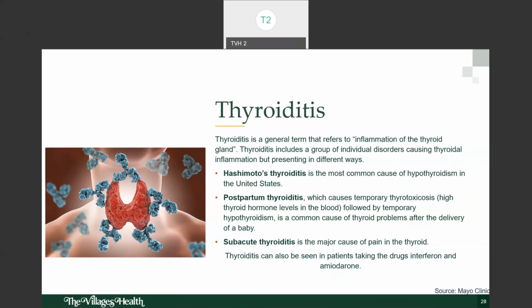The second one here is postpartum thyroiditis, which causes temporary high levels of the hormone in your blood, followed by temporary hypo. So you have high levels and then you have low levels. It's a common cause of thyroid problems after delivery of a baby.